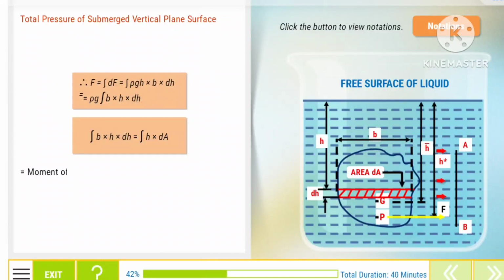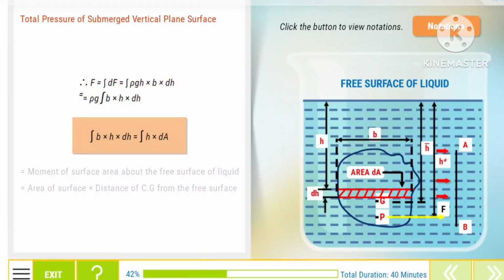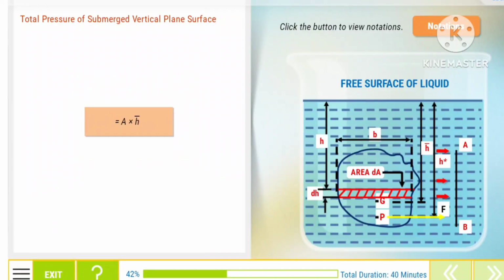This is equal to the moment of surface area about the free surface of liquid. This in turn is equal to the area of surface multiplied by distance of the centroid position from the free surface, which is again equal to A multiplied by h bar. Therefore, F is equal to rho into g into A into h bar.